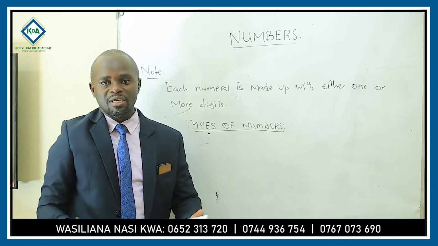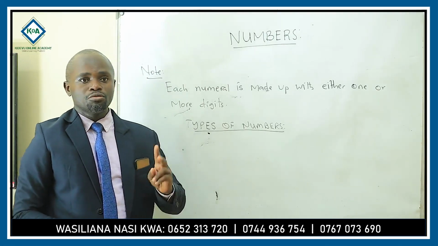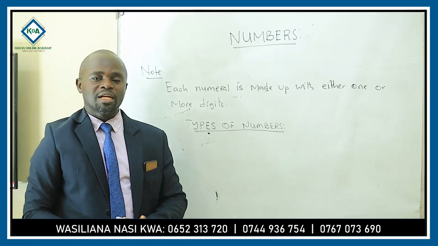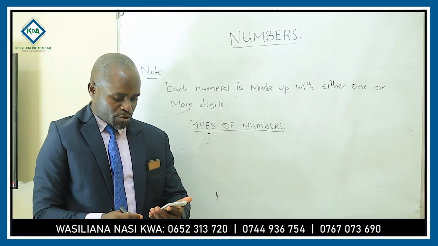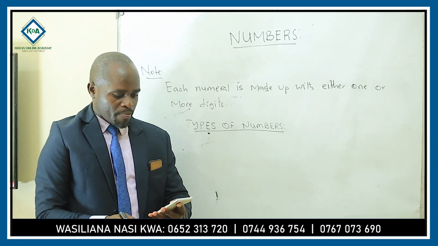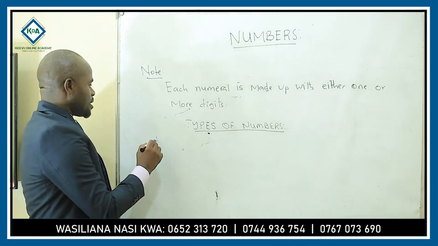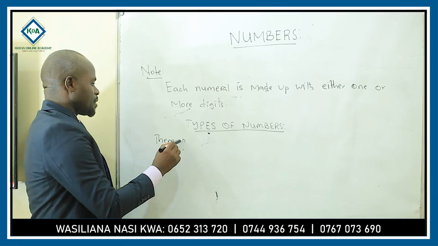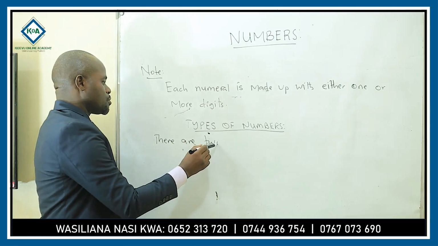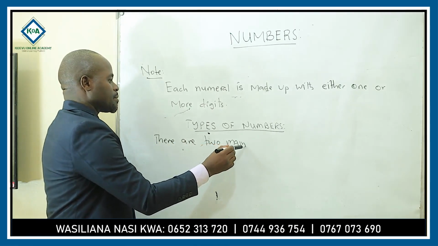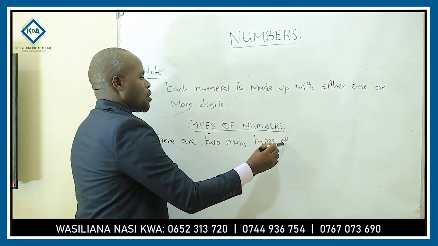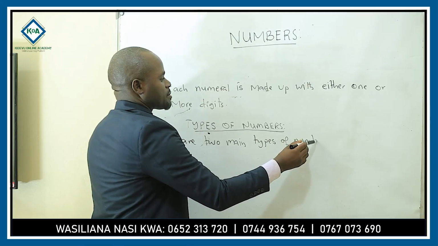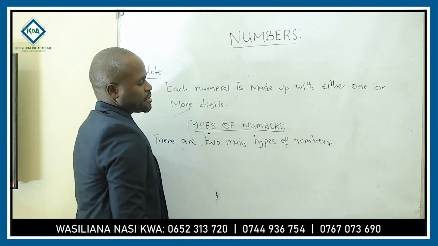But all of these numbers have been grouped into 2 main types. So generally, we have 2 main types of numbers.